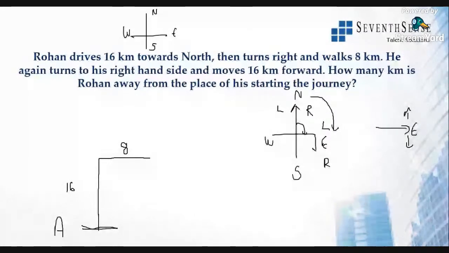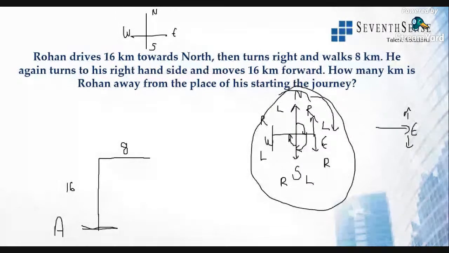That means from east, the right-hand side is towards south, and the left is north. Similarly, if you turn another clockwise step, you will face south, so this becomes left and this becomes right, as we discussed already. Another clockwise turn, you will face west. From west, the right-hand side is north and the left-hand side is south. If you remember these clockwise directions, it will be very easy to approach.